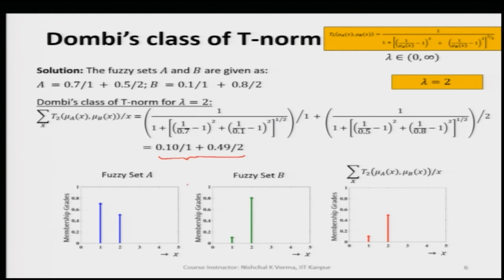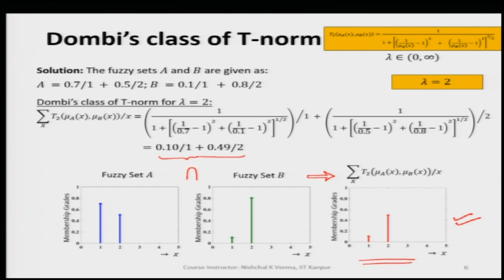Obviously both fuzzy sets A and B are discrete fuzzy sets, and when we take the intersection of these two based on Dombi's class of T norm, we get this as the output, which has been plotted here.